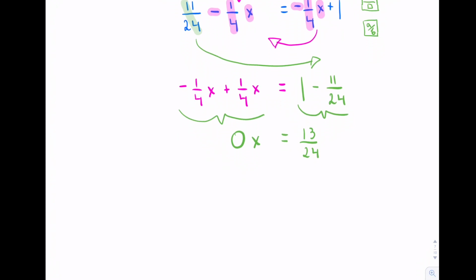Because of now the 0, and we have 13 over 24, this results in the fact that we will have no solution. Because 0 times x is just 0, and 0 will never equal 13 over 24. So this question actually has no solution.